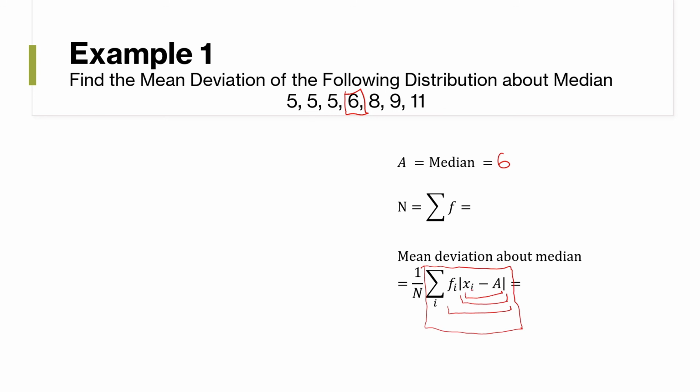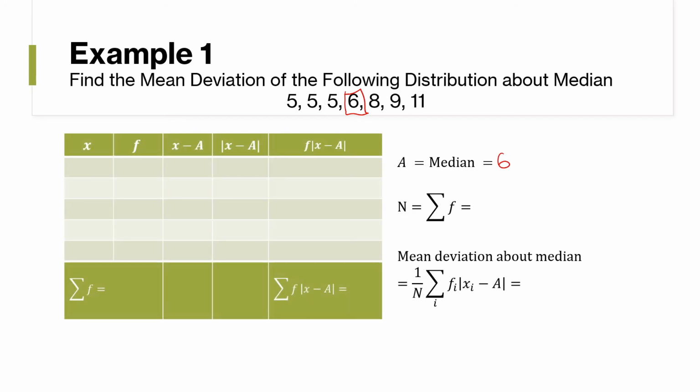Our first column will be the xi's, second column the frequencies, third column xi minus the median, fourth column the absolute value of xi minus the median, and fifth column fi into the absolute value we found. The sum of the rows in the fifth column will give you the entire summation. Let's go ahead and draw the table and finish the calculation.